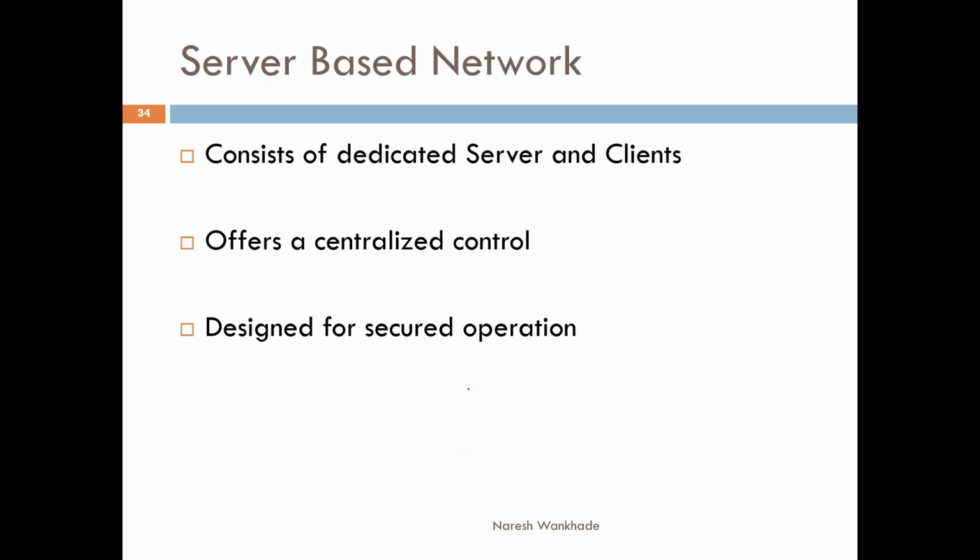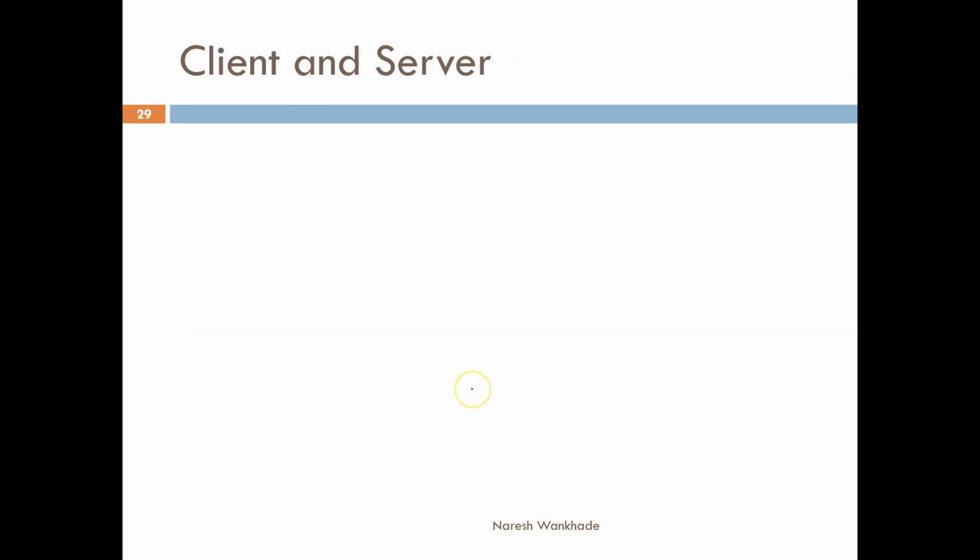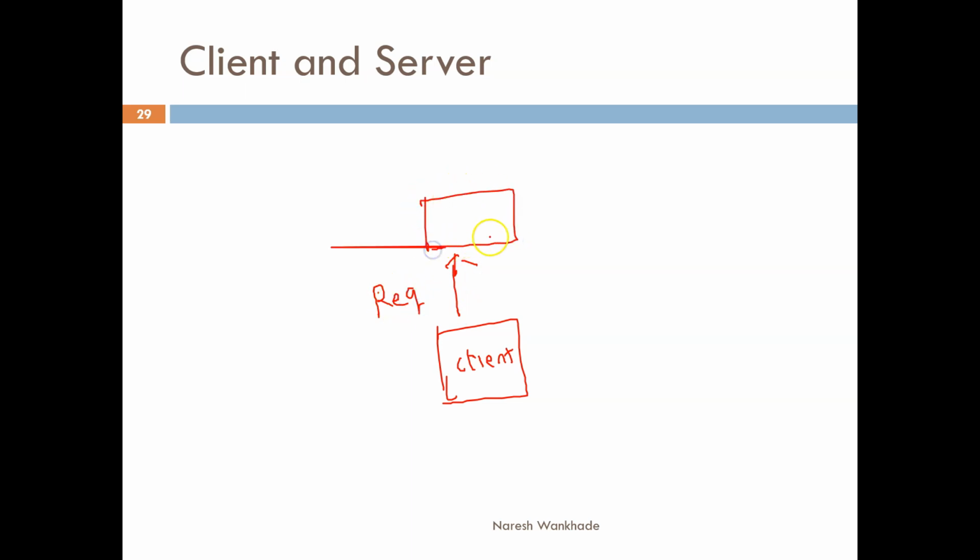Then the next network is server-based network. To understand the concept of server-based network, you have to understand the concept of client and server. Client and server are two different entities. A client is an entity which requests a resource from the server. The server takes that request and processes that request.